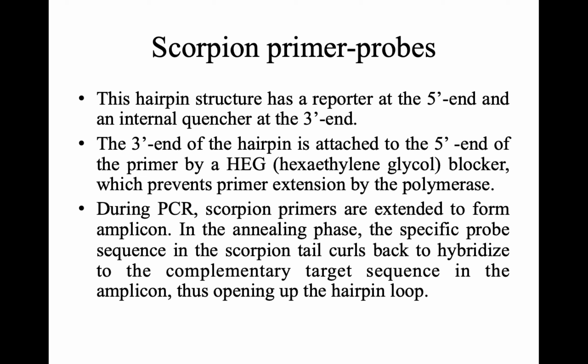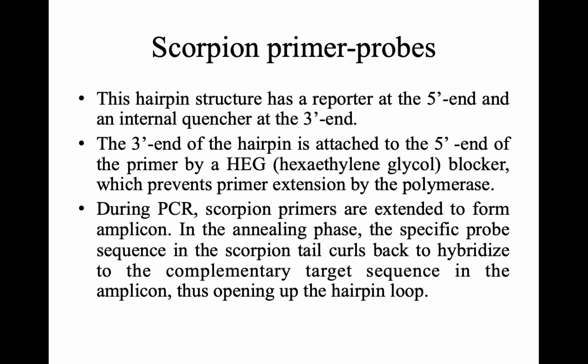During PCR, scorpion primers are extended to form the amplicon. The hairpin secondary structure of the scorpion primers extends and forms the amplicon. In the annealing phase, the specific probe sequence present in the loop of the scorpion primer curls back to hybridize with the complementary target sequence in the amplicon, thus opening up the hairpin loop.